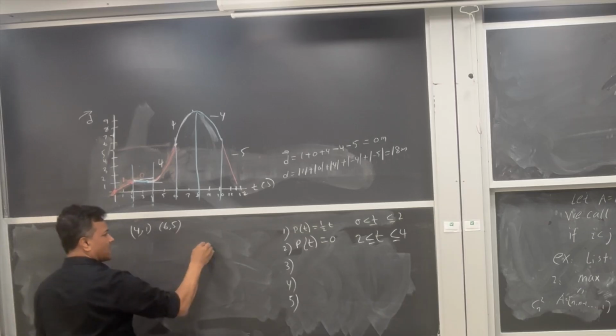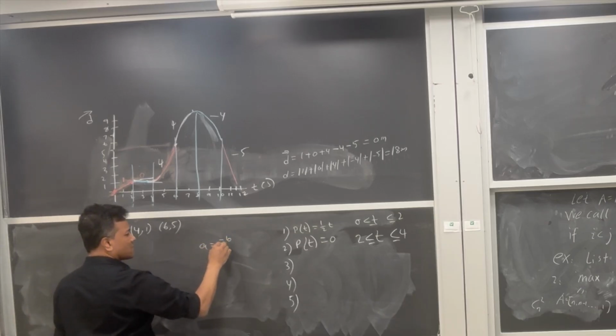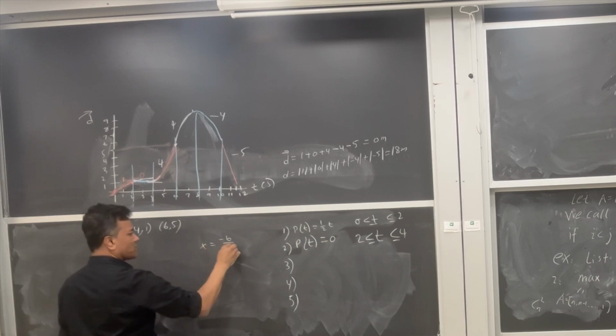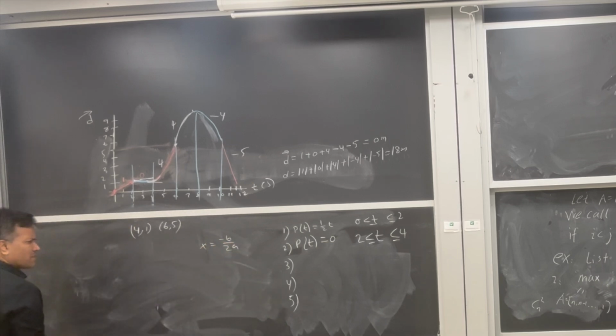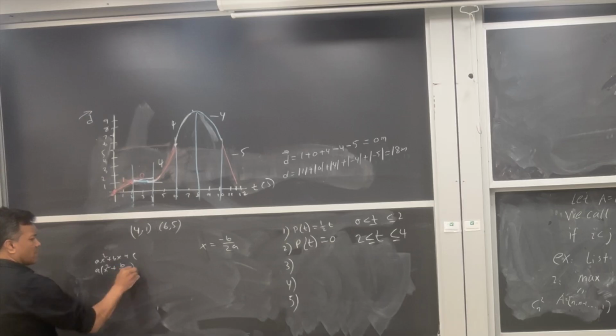The vertex formula is x equals minus b over 2a. I never remember the vertex formula. Here's how you can remember. Start with ax squared plus bx plus c. You factor out a, so you get x squared plus b over a x, plus c.